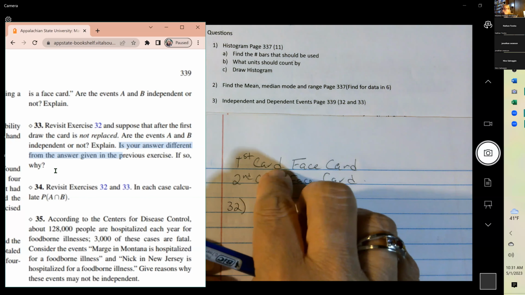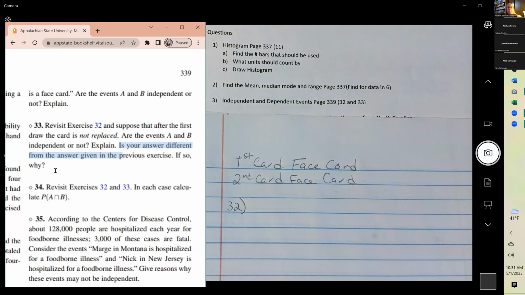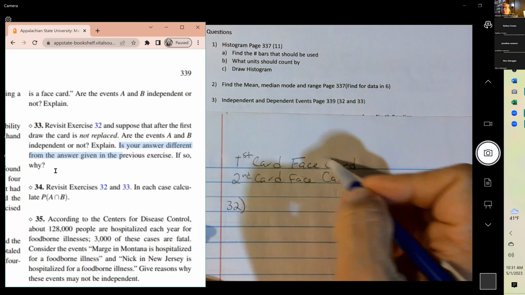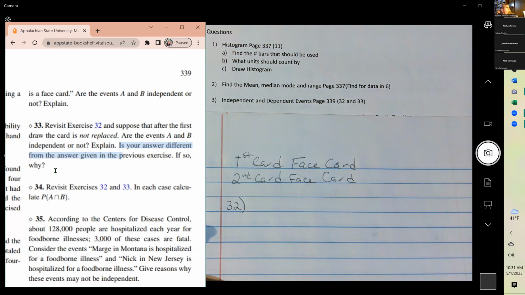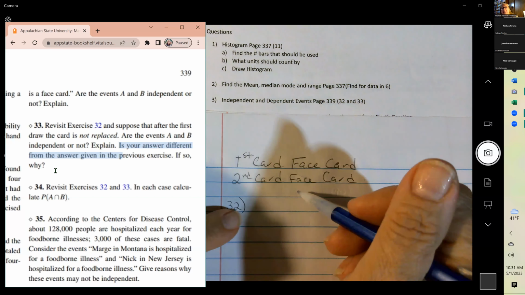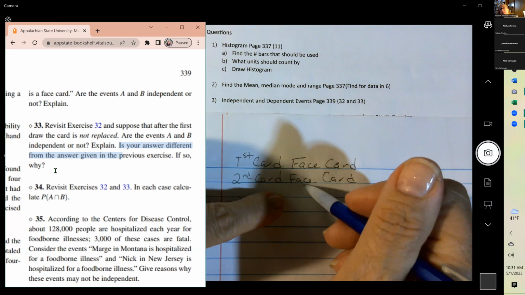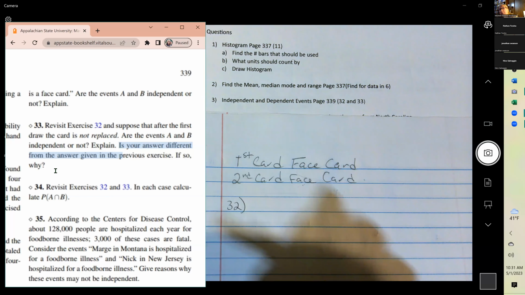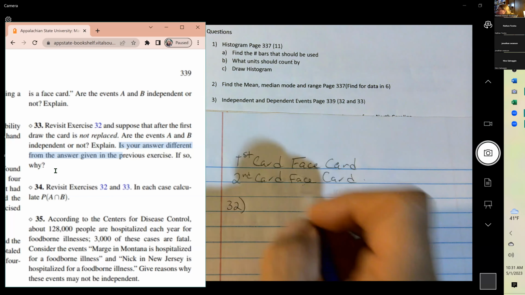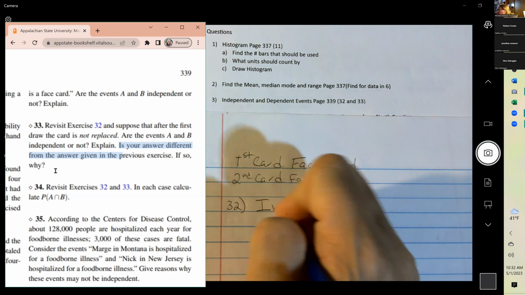So if I pull the first card and I put it back, when I pull the first card, I have 52 cards. I pull it out, I have 51. But I'm putting it back in, I'm reshuffling the cards. My probability stayed the same then because I still have the 52 cards. So the second one did not depend on the first, which means this one was independent.